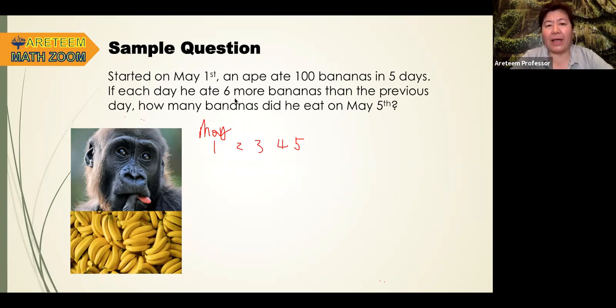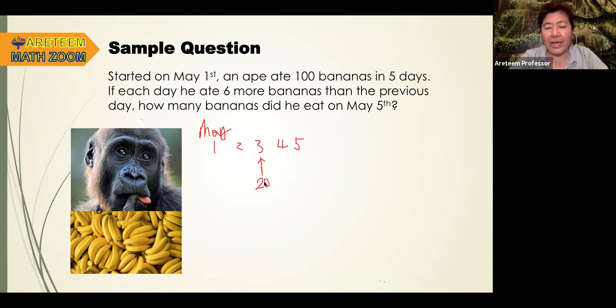First of all, you need to identify this is an arithmetic sequence because each day he ate 6 more. So the first day, however much he ate, the next day he ate 6 more, 6 more, 6 more, keep going like that. So we determine it's an arithmetic sequence. In an arithmetic sequence, the average is the middle number. So that means on the 3rd day, he ate 20.